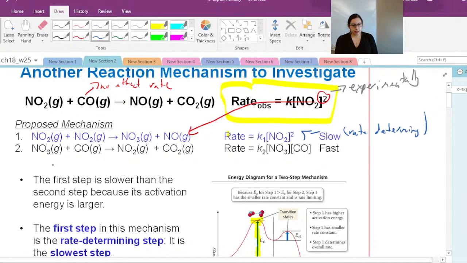And so with our proposed mechanism here, it says that nitrogen trioxide goes on to react with one equivalent of CO. And that rate would be just what we would expect: rate is equal to K2 times our intermediate times CO. But it's saying it's probably fast, because this is not part of our observed rate law.